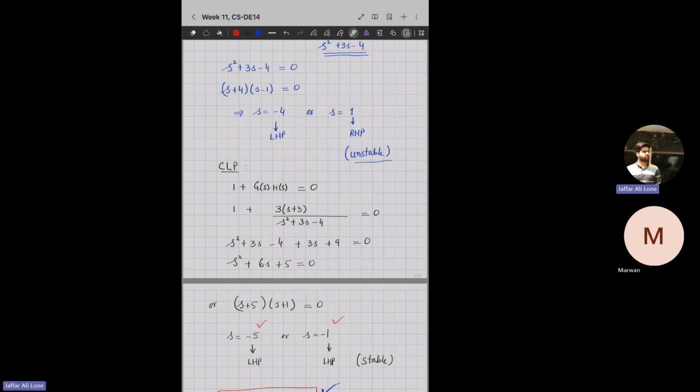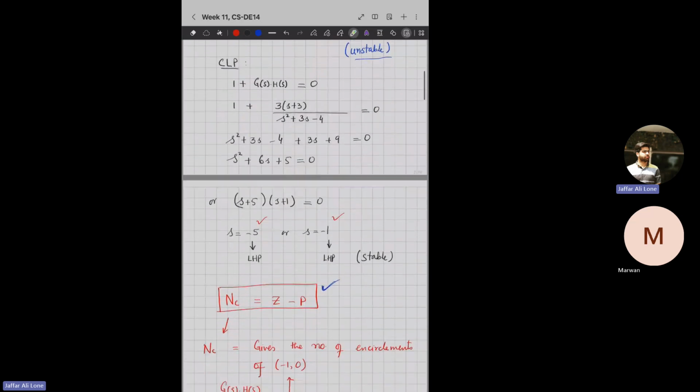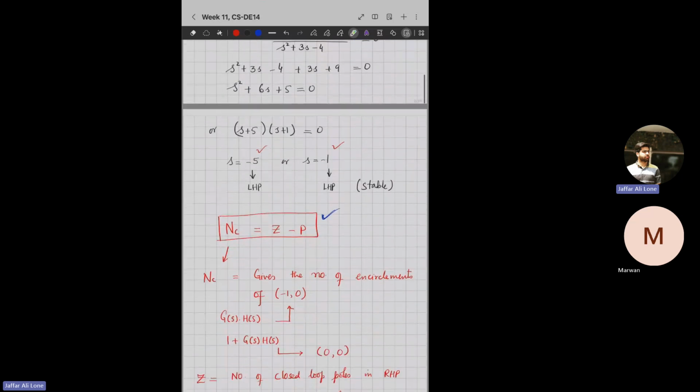So here in this case, we found that we have zero open loop poles in the right half plane, one open loop pole in the right half plane. That means my open loop system is unstable. But when I closed it with negative feedback, I found both the poles are shifted to the left half plane. It means there is no closed loop pole in the right half plane.